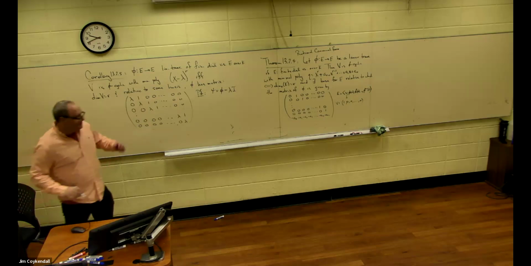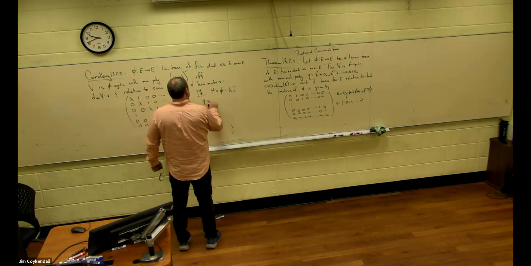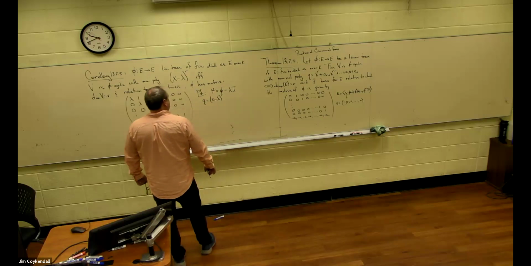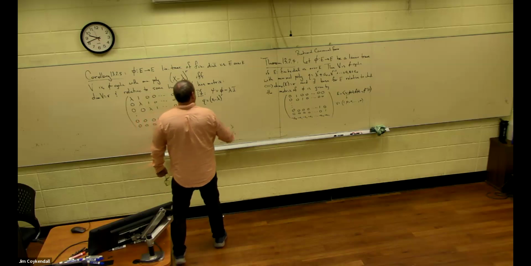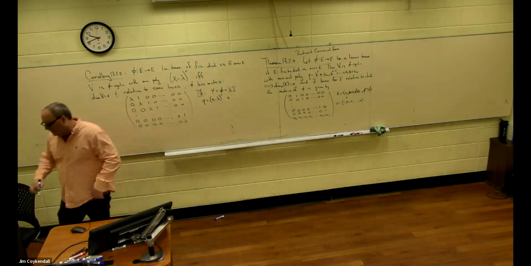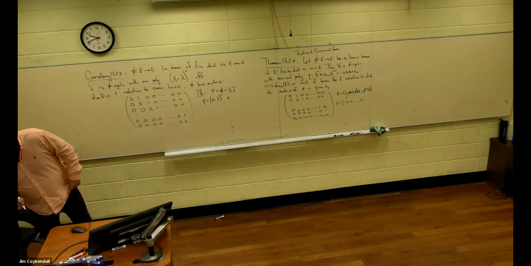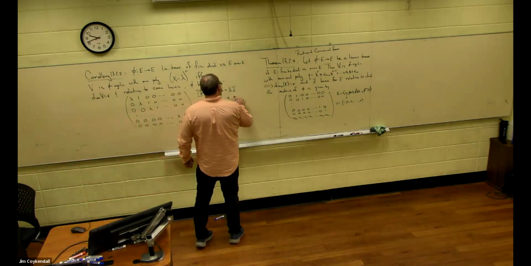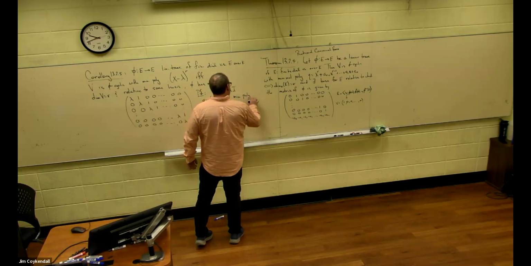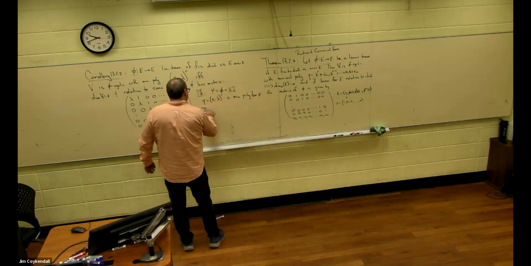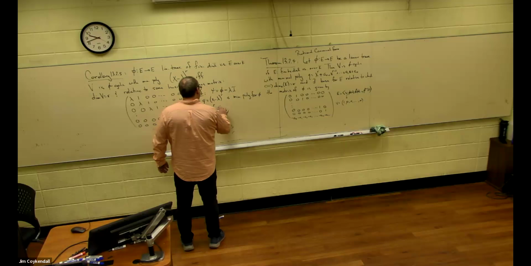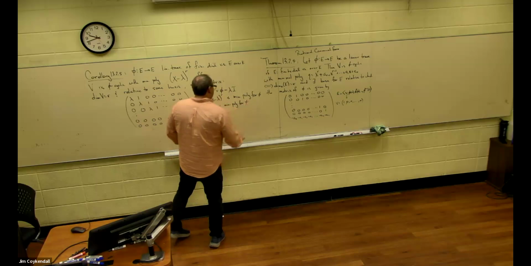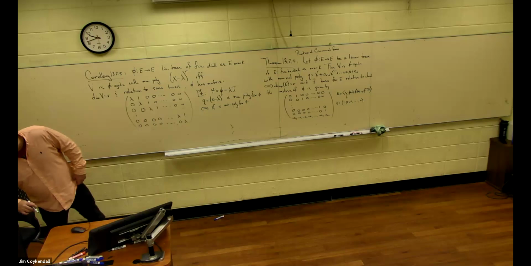Then this is the minimal polynomial for phi if and only if x to the r is the minimal polynomial for the pitchfork, right?